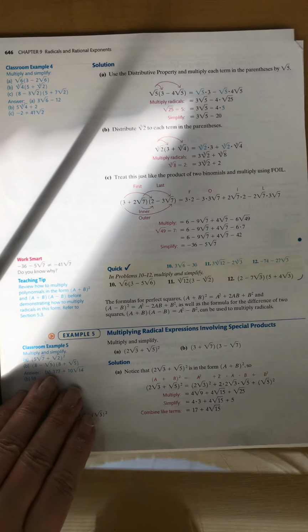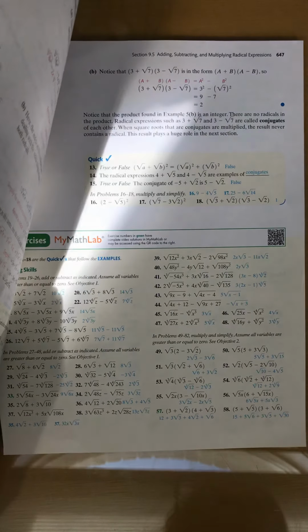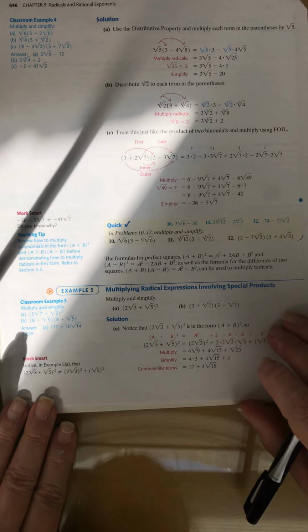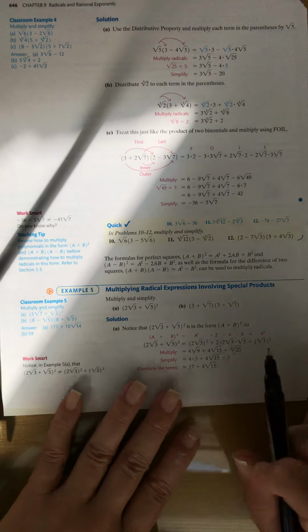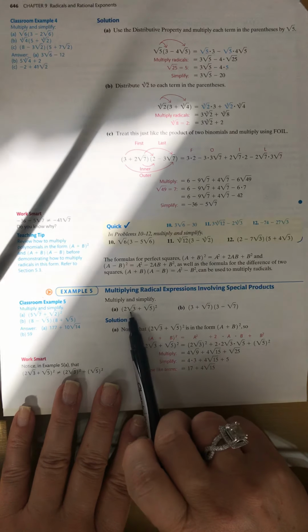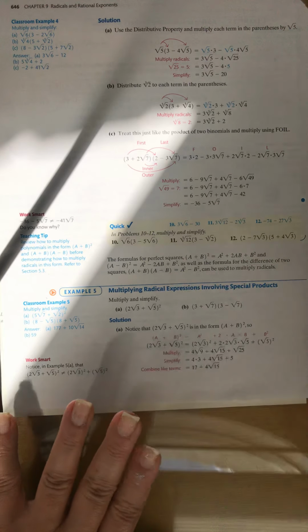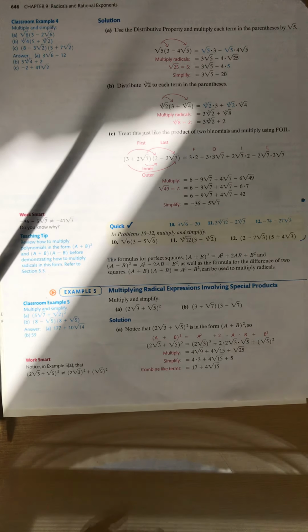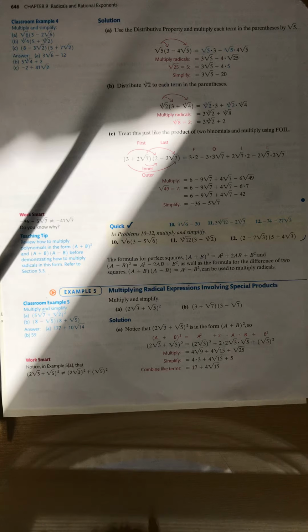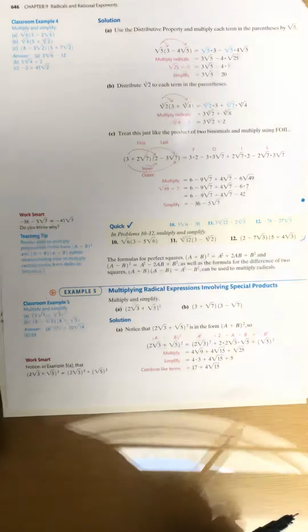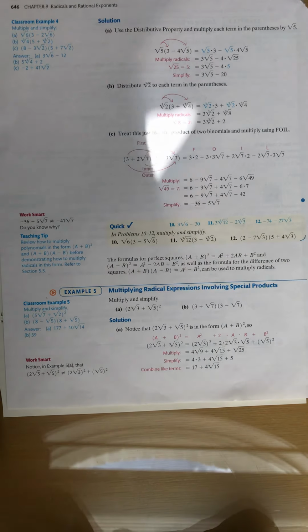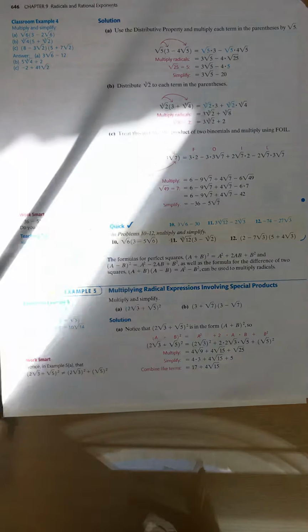Okay, and I believe this is going to be the last section, and it's special products. This is saying take 2 root 3 plus root 5 and square it. So you have 2 of them. You're multiplying 2 root 3 plus root 5 times itself.